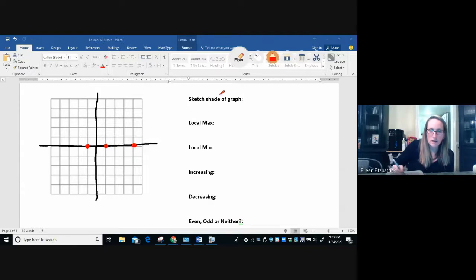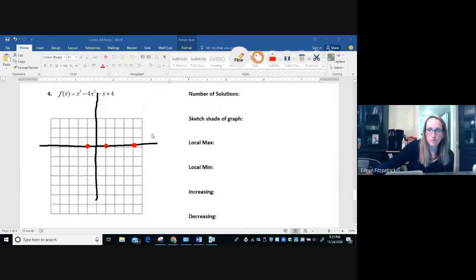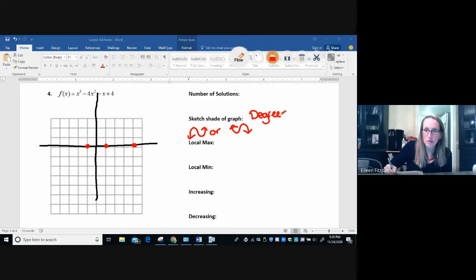Now the end behavior, let me go up that little bit. It is an odd degree, right? So I know one arm is up and one arm is down. Lead coefficient's positive. So when I talk about sketching the graph, I know it's either this way or this way, right? Because the degree is odd.